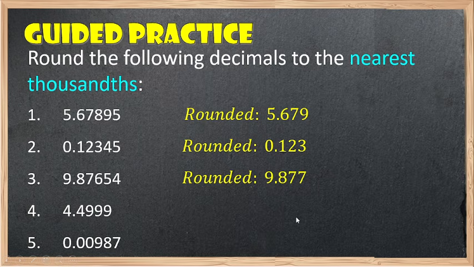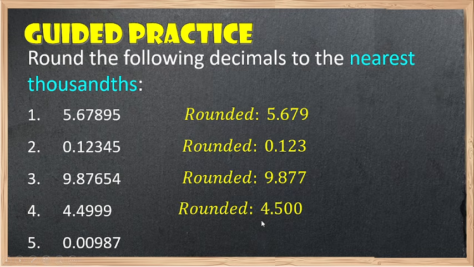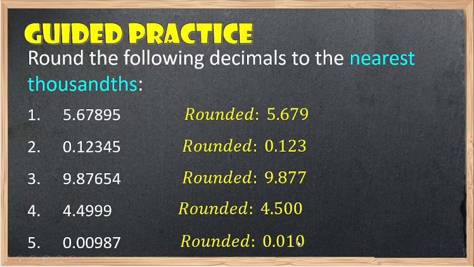For number 4, we have 4 and 5 tenths, or 4 and 500 thousandths. And then for number 5, we have 10 thousandths, or 1 hundredth. That would be the correct answer.